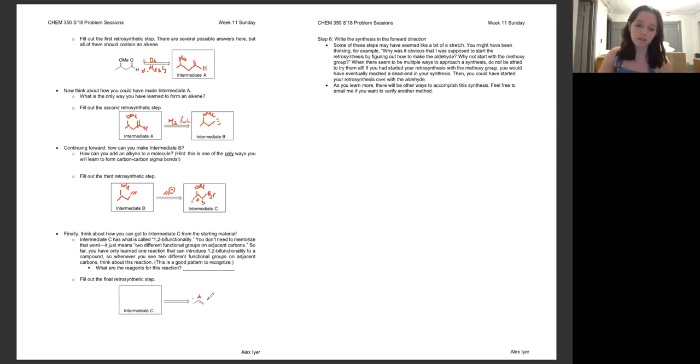So we just need to do one reaction to get ourselves there, and that is going to be adding Br2 in MeOH. And then you can go ahead and write the synthesis forward after you finish your retrosynthesis for this.